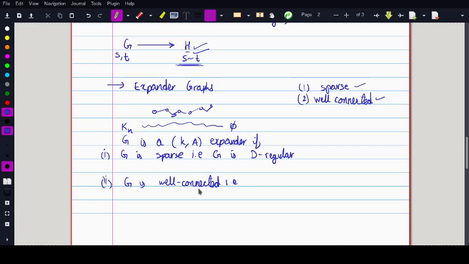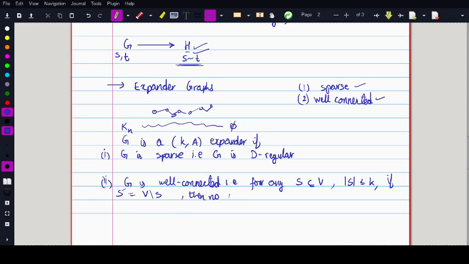A graph is well connected for our purposes if for any subset S of V such that the size of S is less than or equal to K, if S' equals V minus S, which is basically the complement of S, then the number of edges from S to S' is greater than or equal to A times |S|.